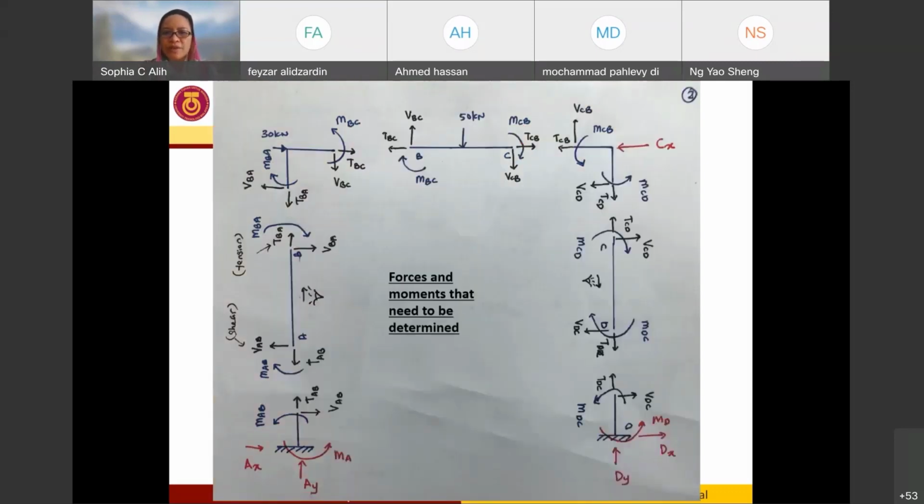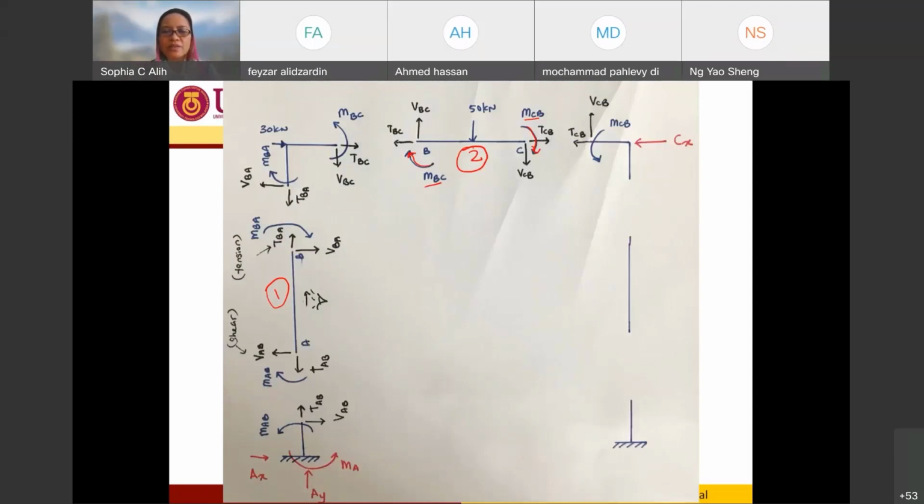And after you have determined it, you also can understand how much the other shear forces are. So after you have calculated these forces, again you do the balancing on the other end and bring it to the other end over here.